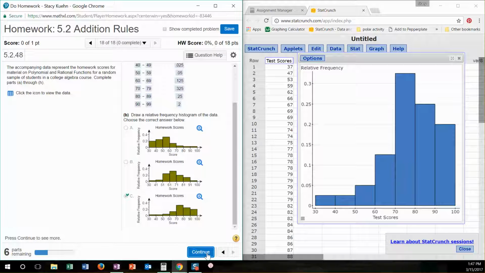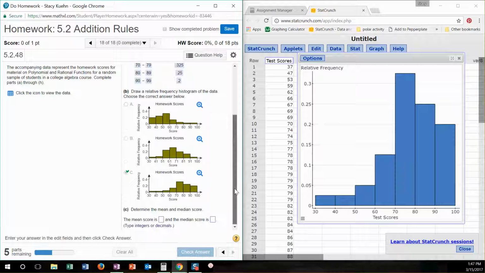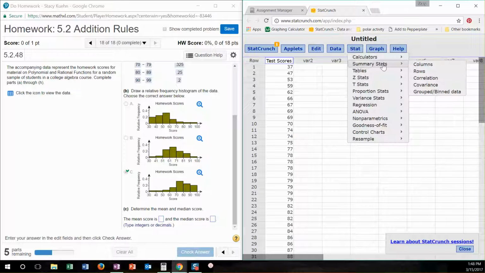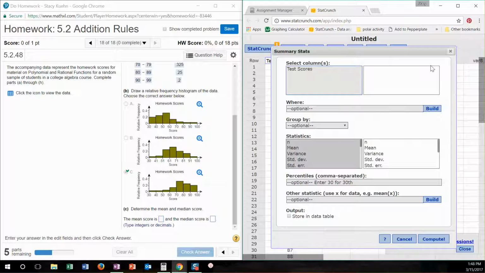The next thing it asks me to do is to find some summary statistics on my data. Remember that the summary statistics all come from the raw data for the test scores. Those come from Stat, Summary Stats, and I'm going to take the summary stats of the raw test scores.